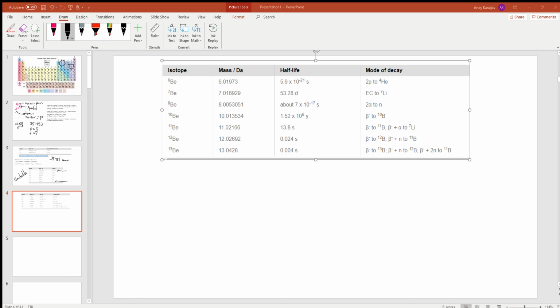And let's just find one that goes the other direction. So here's one that goes the other direction.